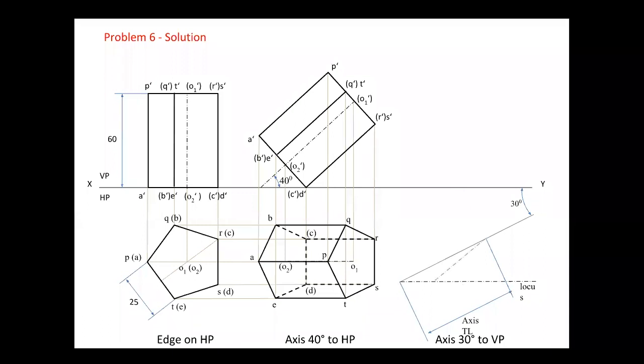Then I'm going to measure the original length of O1 to O2 on this line, and cut the locus.